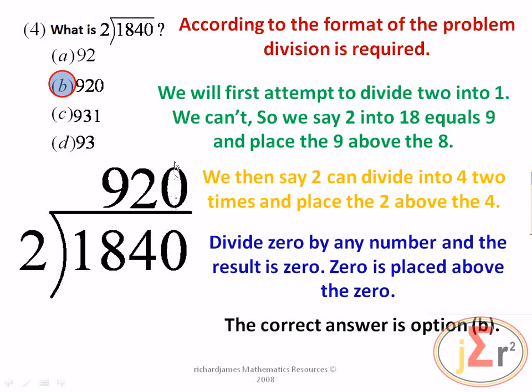That is where the 0 is. And if we do not place it here, then the number will just be 92. And we are sure that our answer could not be 92 if we are dividing all of 1840 by 2. There's no way the answer could be 92. So we did well to include the placeholding 0 right there above this 0, so that we have 920, which is the correct answer.